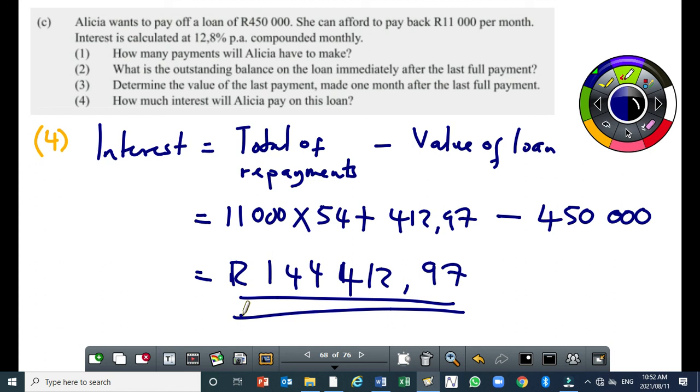So it's around 4 years and 7 months to pay it off. During those 4 years and 7 months, this is the total interest that she will pay. It will be profit for the bank, this amount. Remember, the interest that you pay is profit for the bank, right? So the bank will get that money after a person borrowed 450,000.